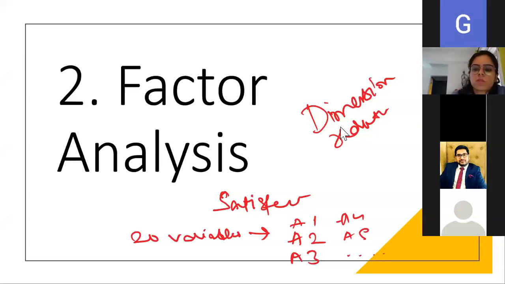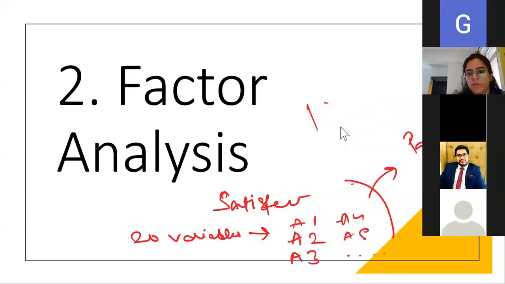It works on the law of parsimony, which says that if you have less data, then you can clearly analyze it. So what we do in factor analysis is reduce the number of variables. We see which variables are correlating together and we try to group them, so that we get a smaller number of variables and can do our analysis.